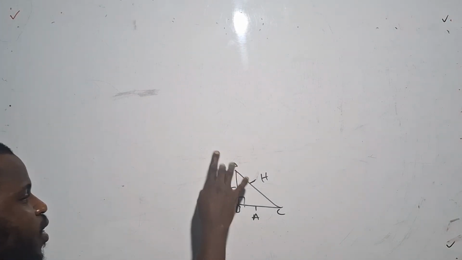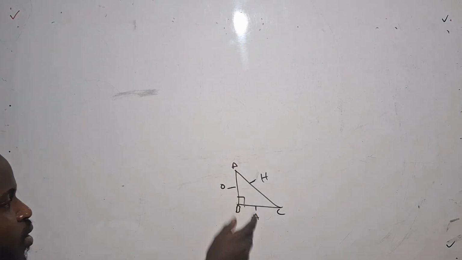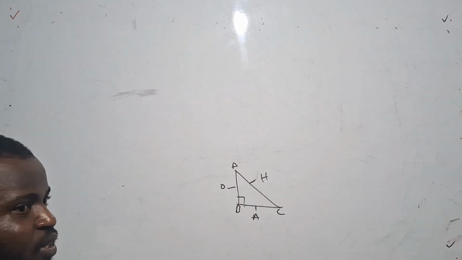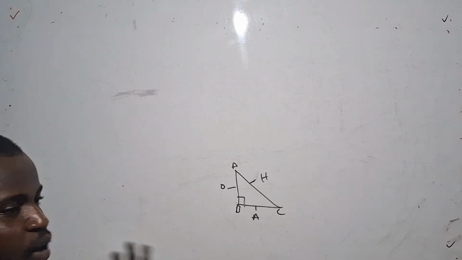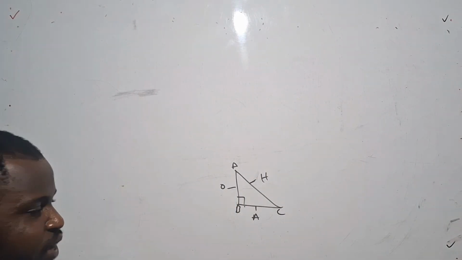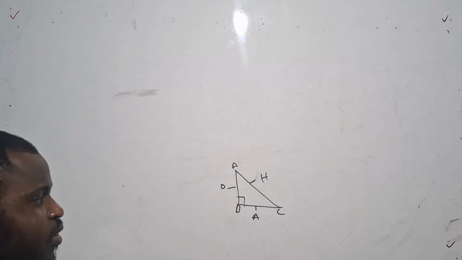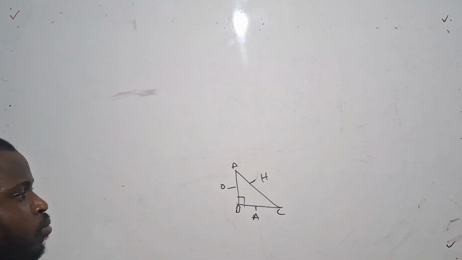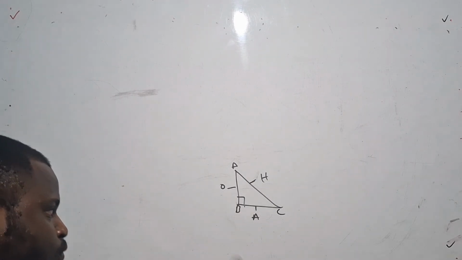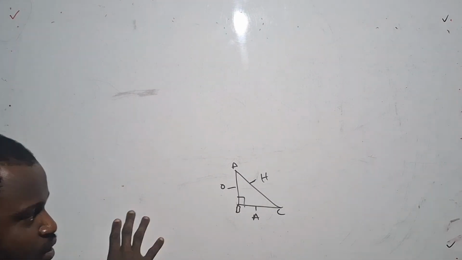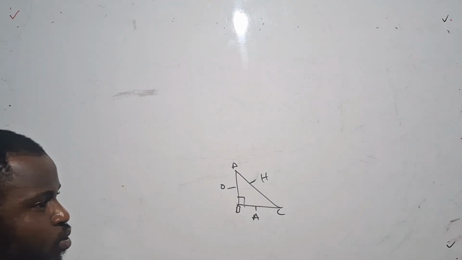If we square here and add it to here and we get this, it means they form the vertices of a right triangle. If we don't get it, we conclude by saying the vertices do not form a right triangle.